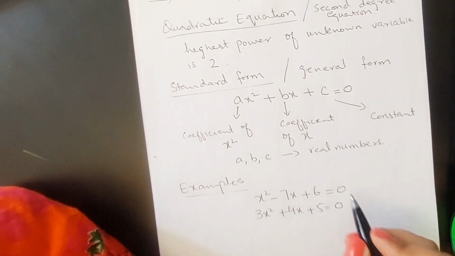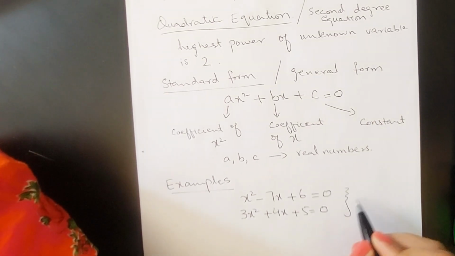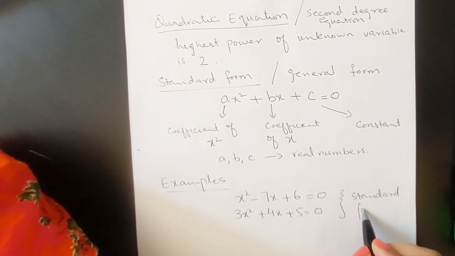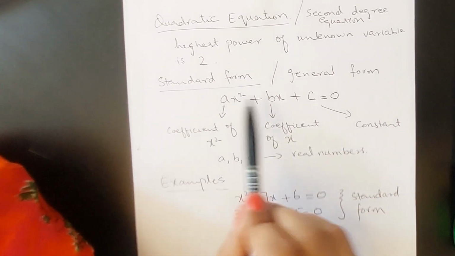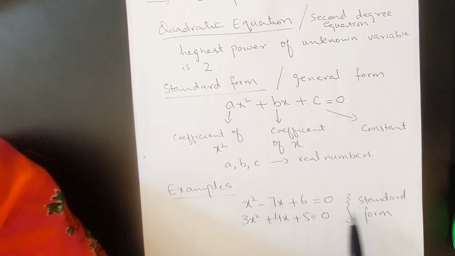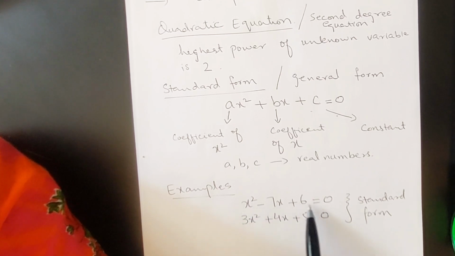These two equations are equals to 0, so we can say that they are in standard form, because I told you in standard form they should be equals to 0. Now you can see the highest power is 2, right? And it satisfies the quadratic equation.